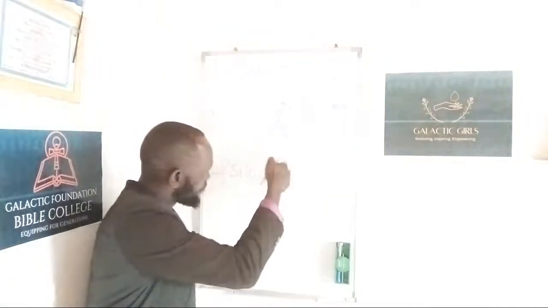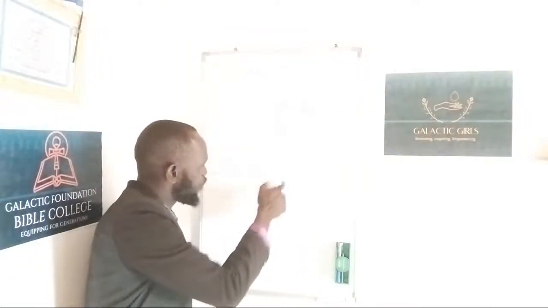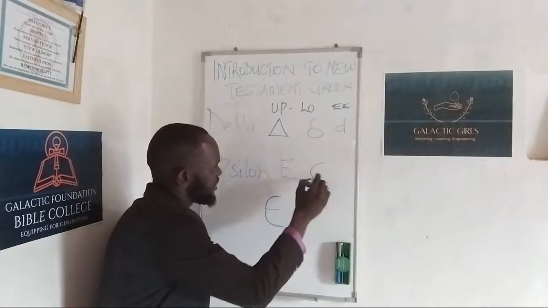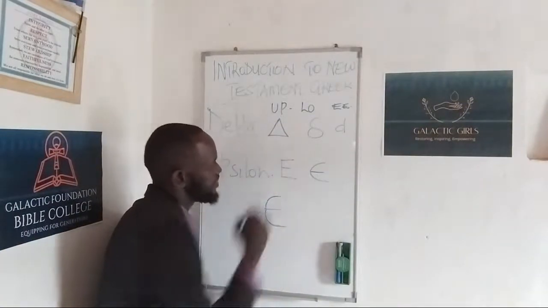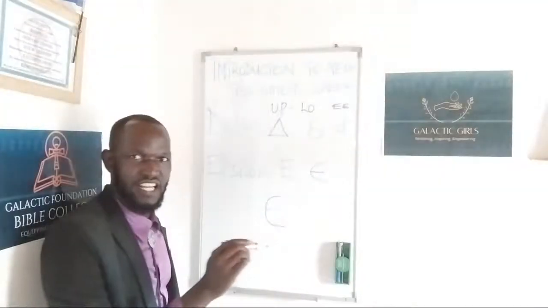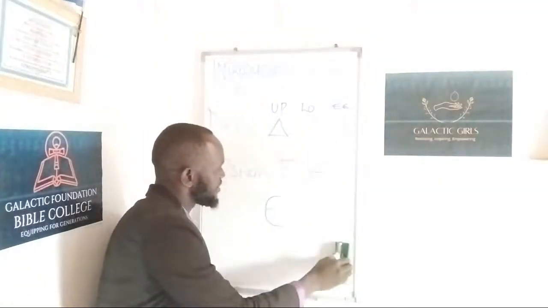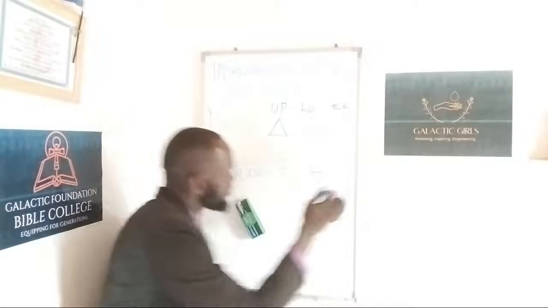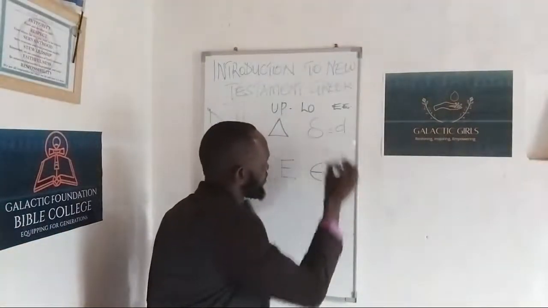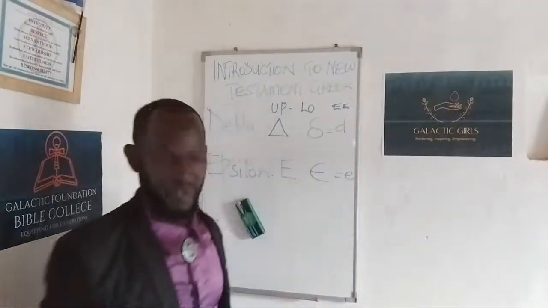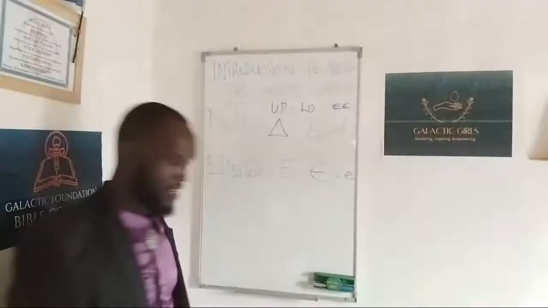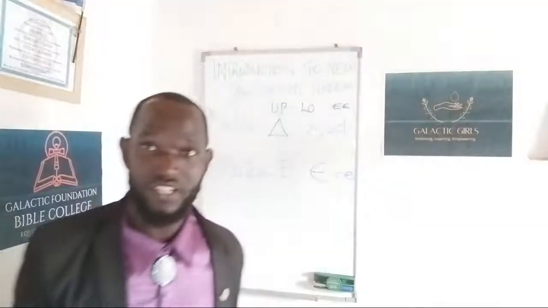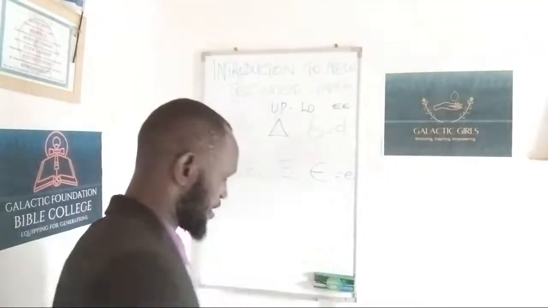So it's like you're still writing this, but not with the sharp corners. It is like you're drawing a mini C and then giving it a cutting in the middle. Now, this is equivalent to the English E. Okay. So you've covered alpha, beta, gamma, delta, epsilon.